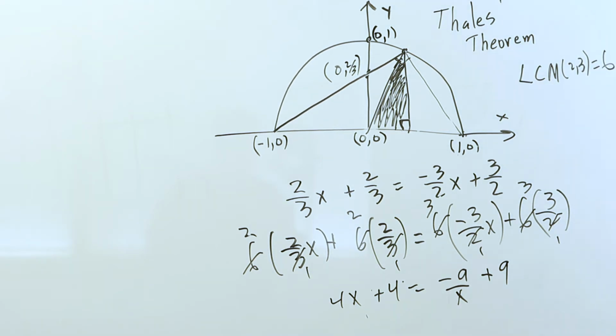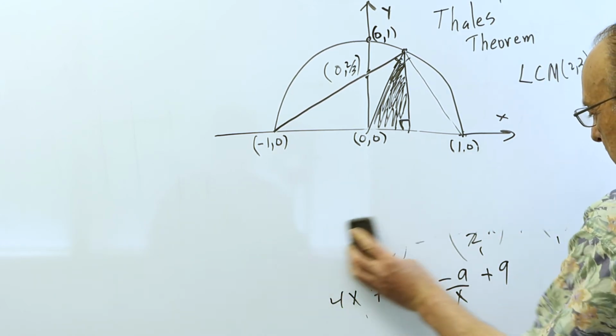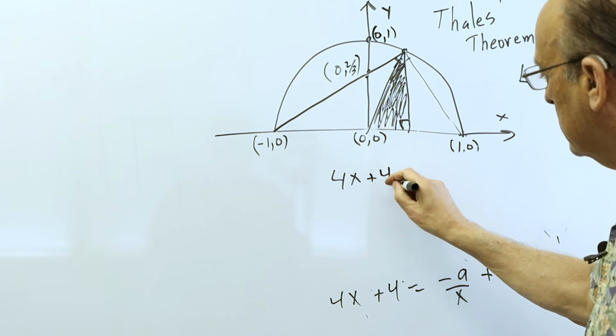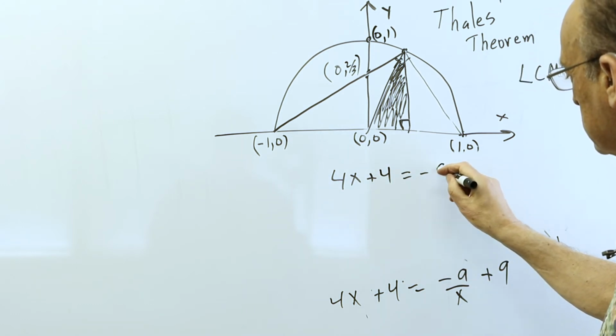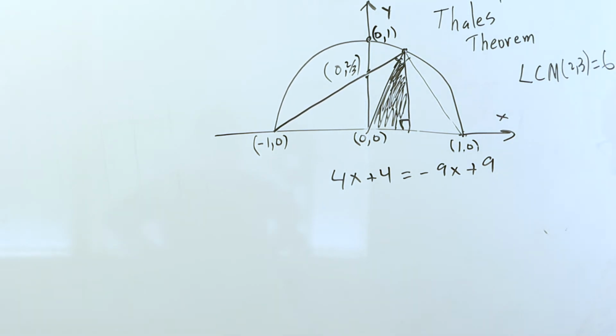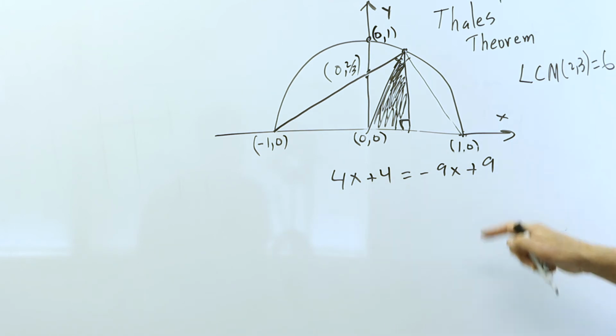So I need more space, so I'm going to erase this, write this higher. Okay, so I have 4x plus 4 equals -9x plus 9.